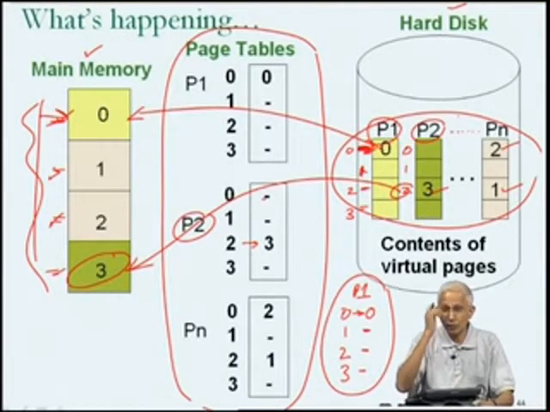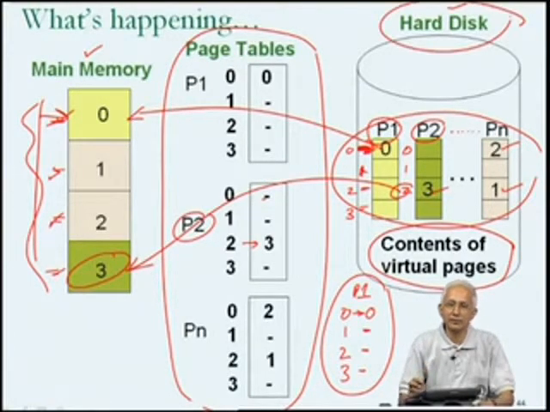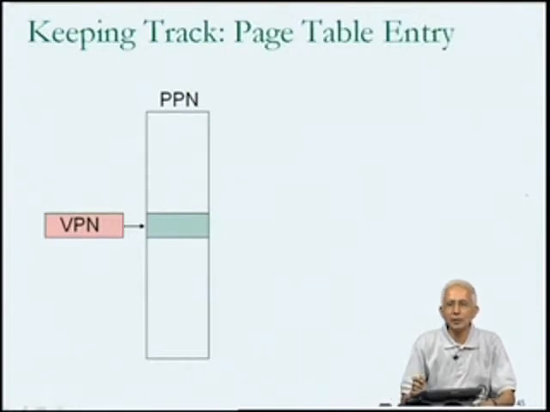This big step that we took, where we said that the contents of all the virtual pages of all the processes will be present on hard disk, gives us a clear indication that we will have to keep track of the addresses on the hard disk of each of the virtual pages of each of the processes. Which means that if I go back to my picture of the information that a page table entry must contain, I will clearly have to add to that.